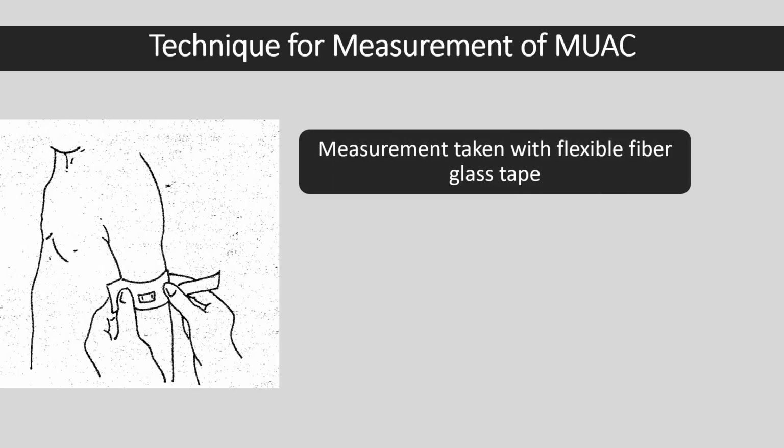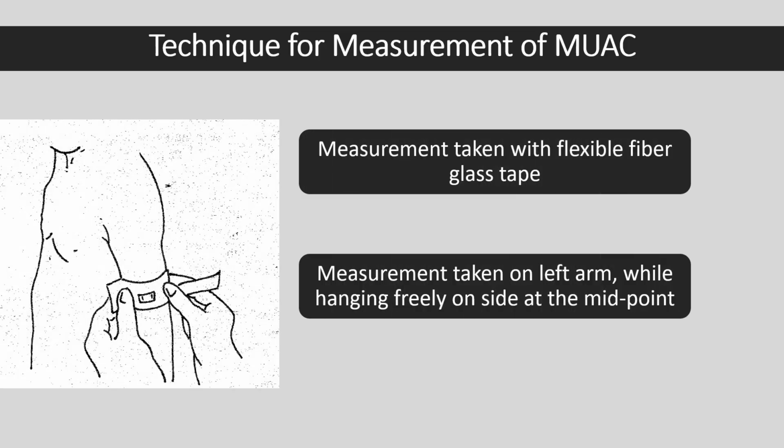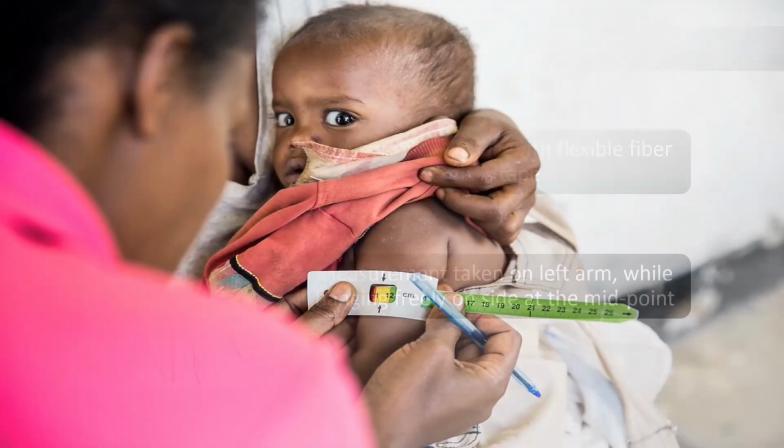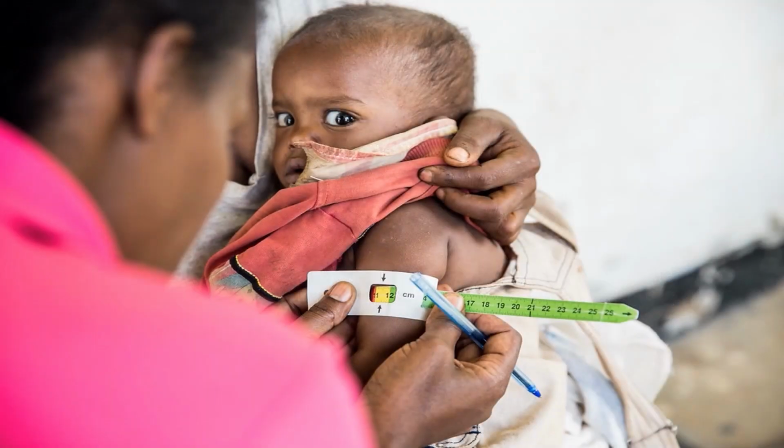How do you measure MUAC? Basically, you can use any flexible fiberglass tape to measure the mid-upper arm circumference. As you can see, it is the measurement taken on the arm while hanging freely at the side of the body, at a midpoint. You can use any available flexible fiberglass tape, or in field situations, the red, yellow, green tapes can also be used, and you measure the arm circumference.